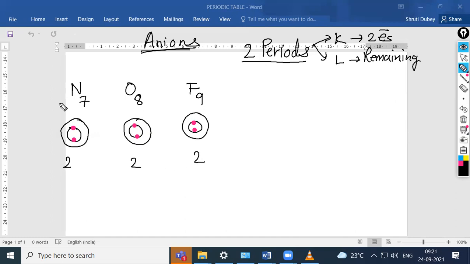Out of 7, 2 are arranged, 5 remaining. Out of 8, 2 arranged, 6 remaining. Out of 9, 2 arranged, 7 remaining.